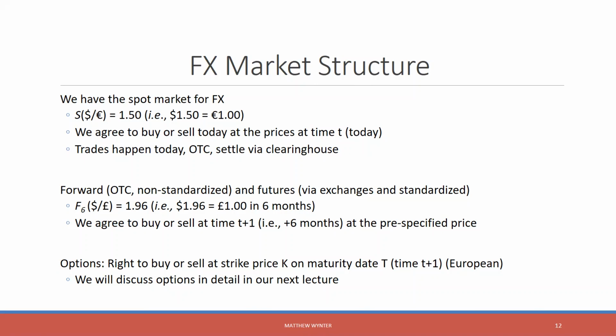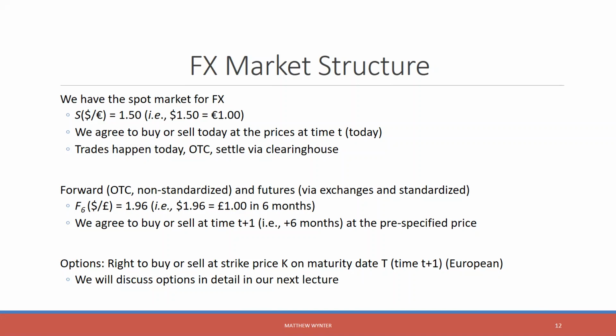And again, this is an over-the-counter market, meaning that the trades aren't happening on some listed exchange where all the market participants are able to view the price. And how is it going to work? Well, it's going to settle via a clearinghouse because it's not going to settle through an exchange.